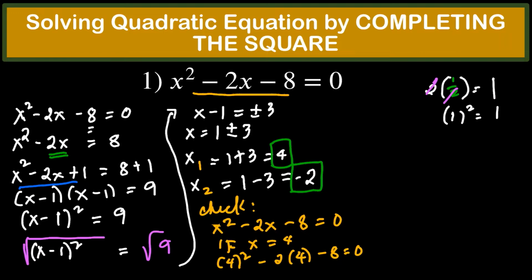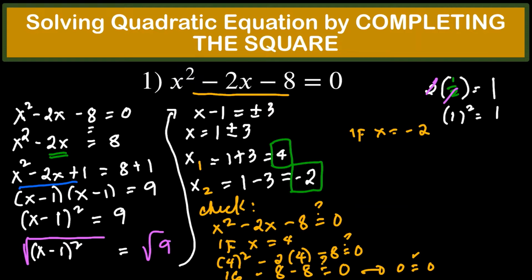So 4 squared is 16, minus 8, minus 8 is 0. So this will give us 0 equals 0. Now let's check if x is equal to negative 2.